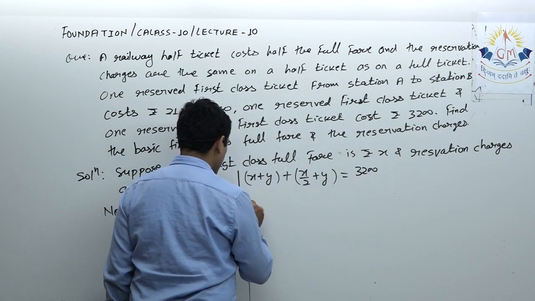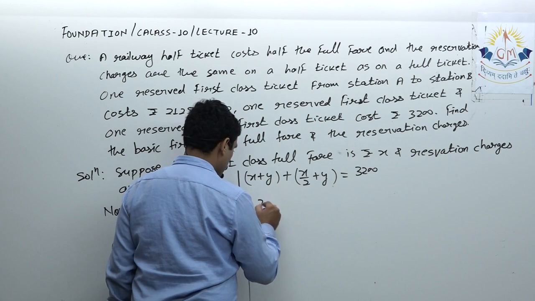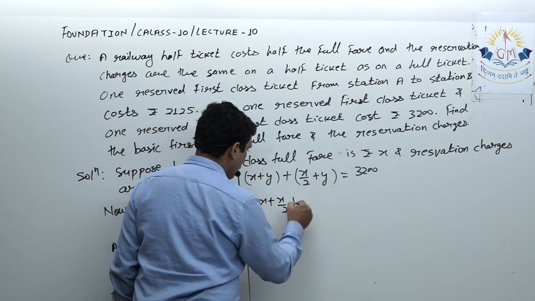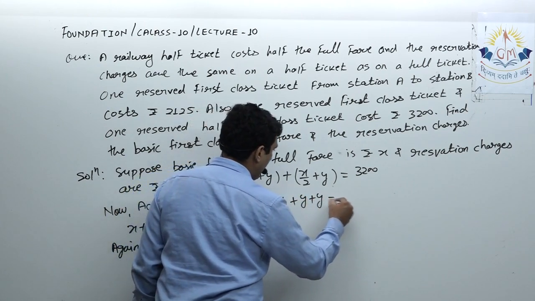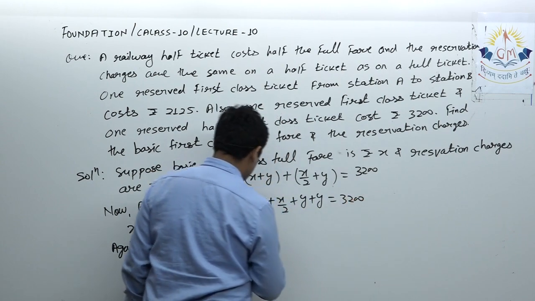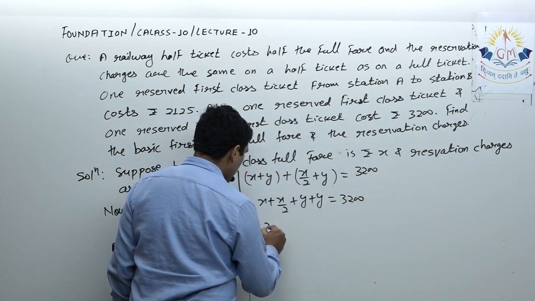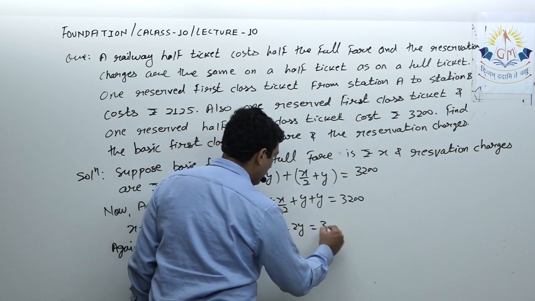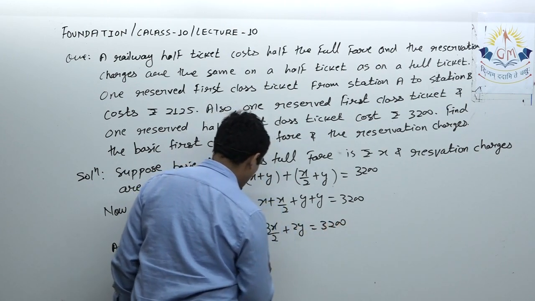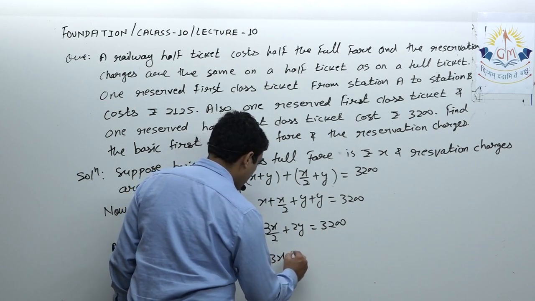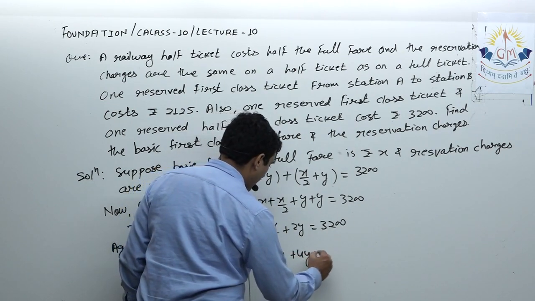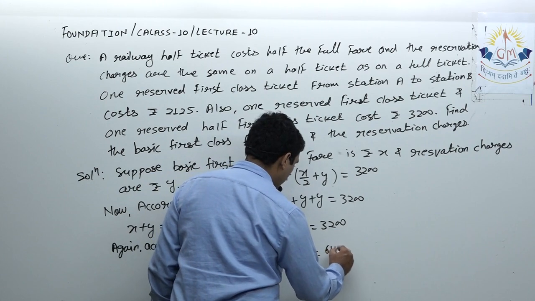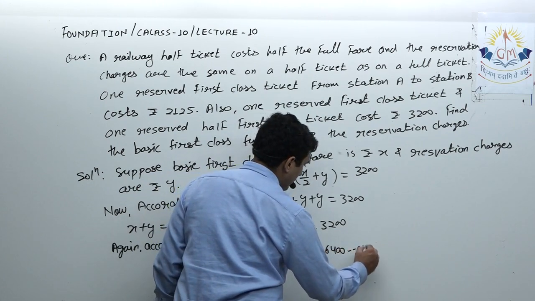Therefore X plus X by 2 plus 2Y is equal to 3200. Therefore 3X by 2 plus 2Y is equal to 3200. Therefore 3X plus 4Y is equal to 6400. That is equation number 2.